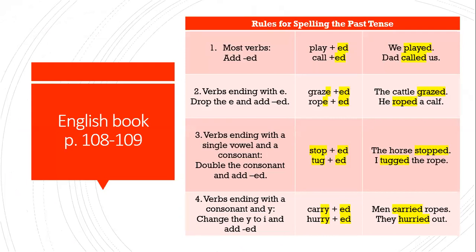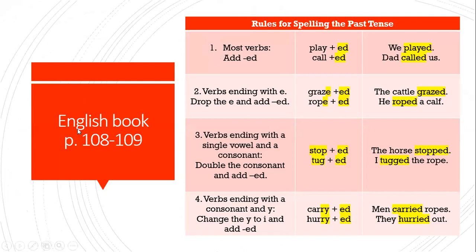Okay, so when we're talking about spelling the past tense, you know that for English grammar, we have many, many rules that we have to learn in order to have excellent grammar. And this is no different, okay? So when we are talking about spelling the past tense, there are 4 rules that you guys need to remember and memorize, okay? And we're going to start with number 1 here.